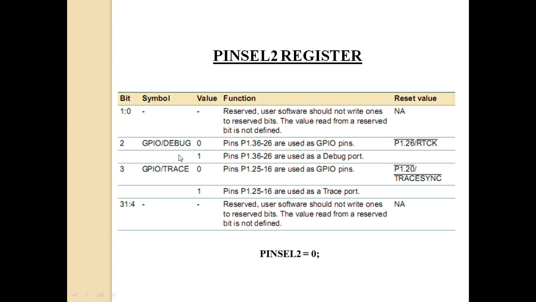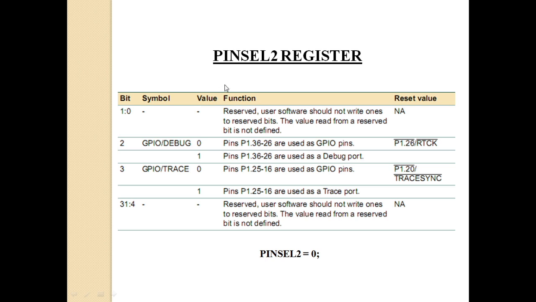So if I write value 0 in bit number 2 of the pin select 2 register and value 0 in bit number 3, you will be configuring P1.16 to P1.31 as GPIO. So I need to write 0 in bit number 2 and 0 in bit number 3.